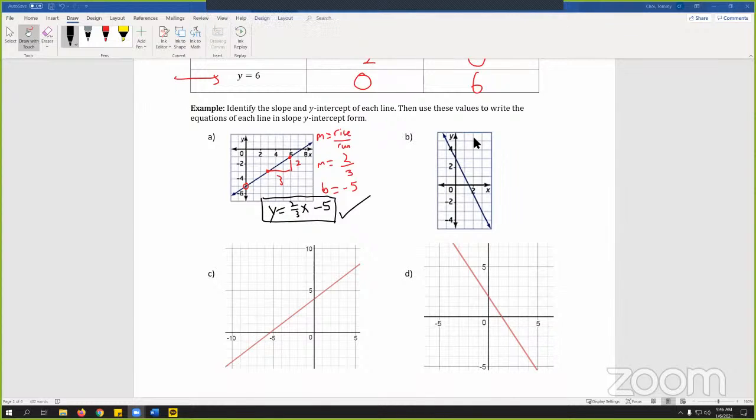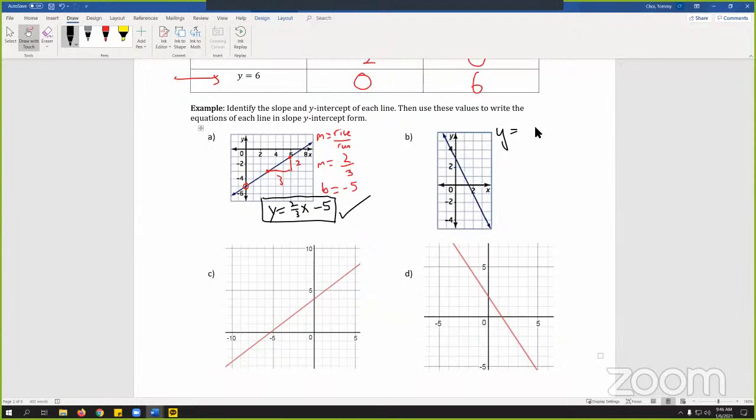Let's start with the first one. Elia, for question B, what is the equation that you got? Just tell me, like, y equals what? You can just type the equation and we'll check it. Oh, you want to do the second? Sure.